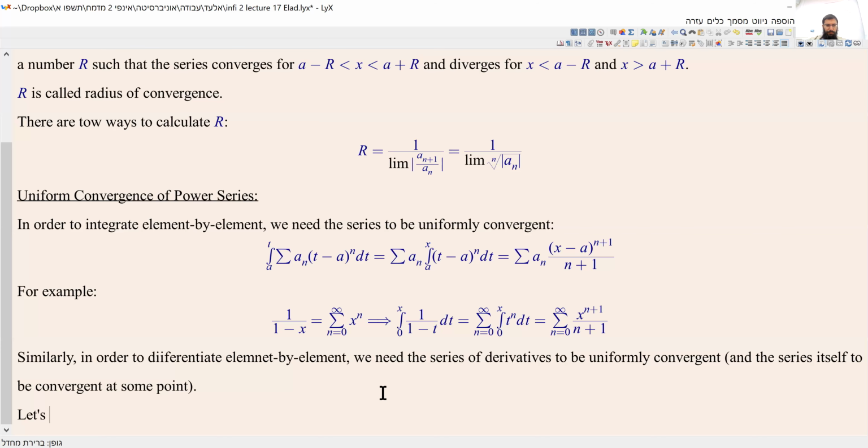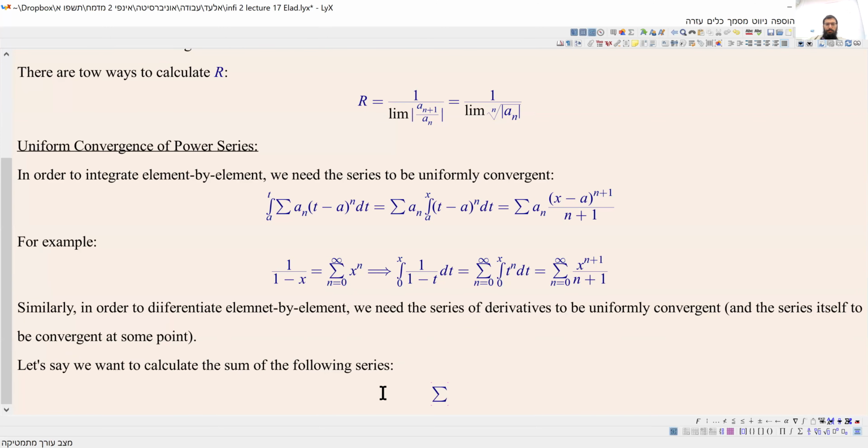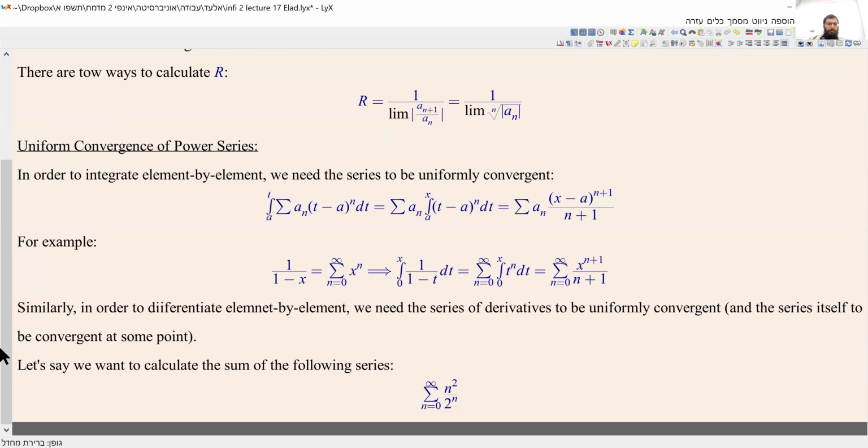Let's say we want to calculate the sum of the following series: n goes from 0 to infinity, n squared over 2 to the power of n.